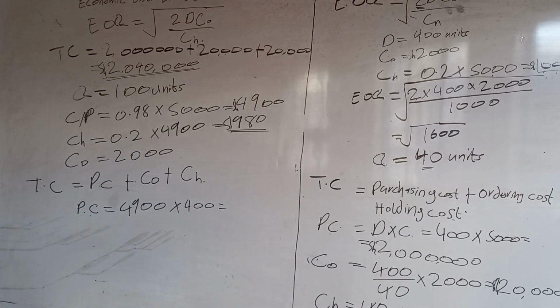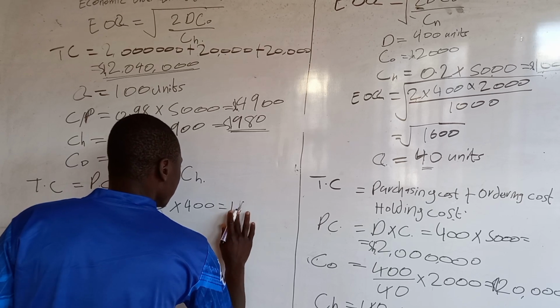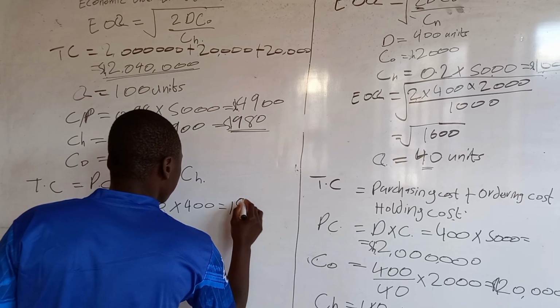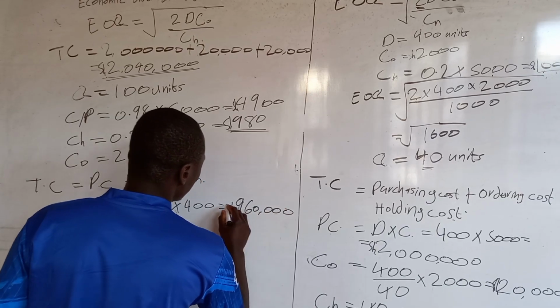The demand was 400. So it is 4,900 times 400. This becomes 1,960,000 shillings.